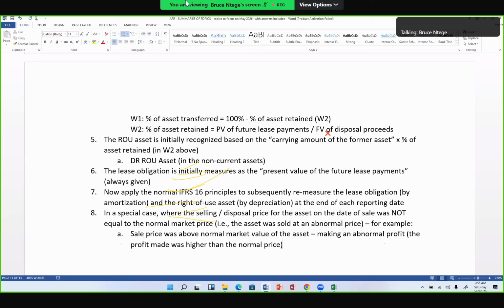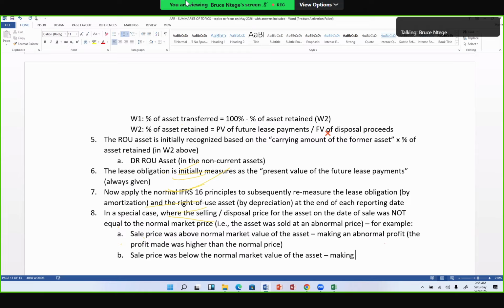It's different from if the sale price was below the normal market price of the asset.